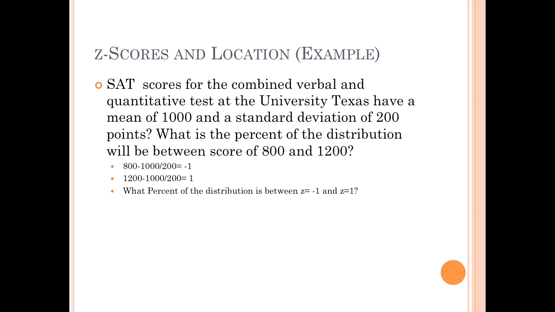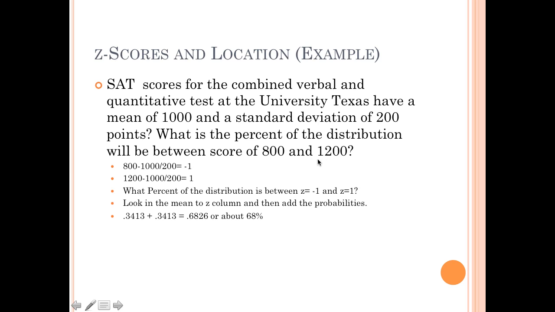So for the percent of the distribution between these, you would look up a z-score of 1 and go over to the mean-to-z column and then add that value, or multiply by 2. It's the same value, add it together. That would give you approximately 68% of the distribution between a score of 800 and 1,200.